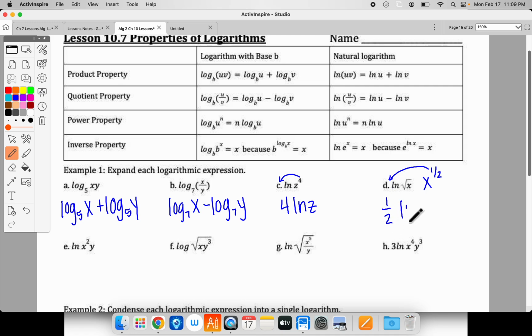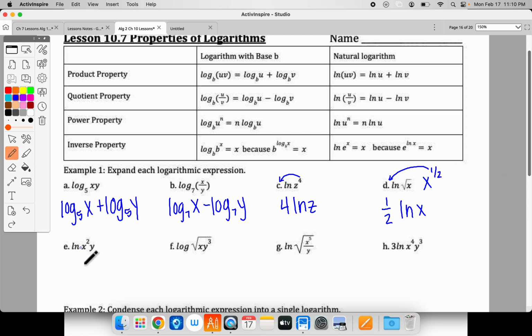So that would be 1/2 natural log of x. A cubed root is just 1/3. A seventh root is just 1/7, etc. So whatever that root is, it's just the fraction version in the exponent.